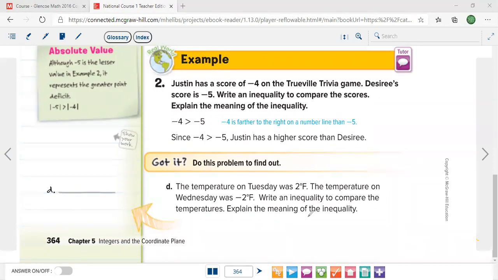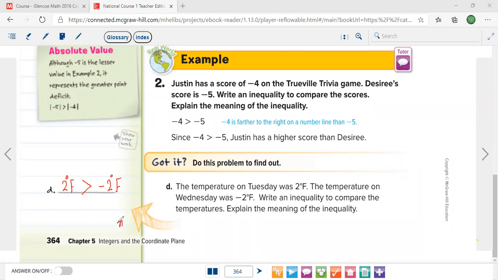So, we are going to say 2 degrees Fahrenheit, of course, is bigger than negative 2 degrees Fahrenheit. Explain the meaning.